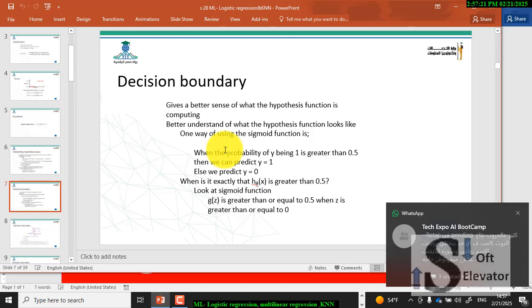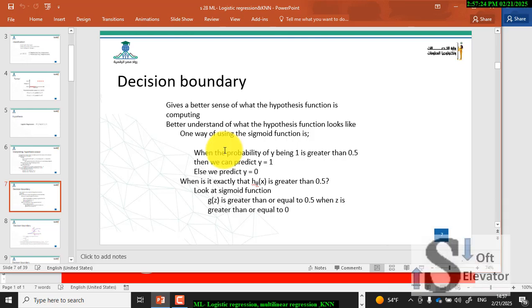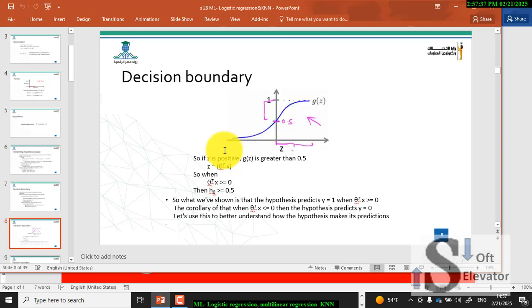Decision boundary, which is the line that separates the above and below, or the right and left points, to be on or off, true or false. This is also the decision boundary, this blue curve.